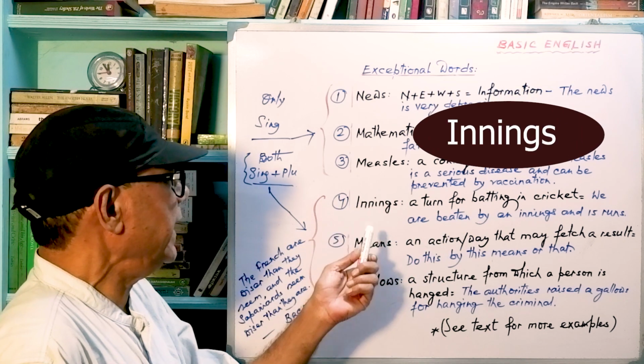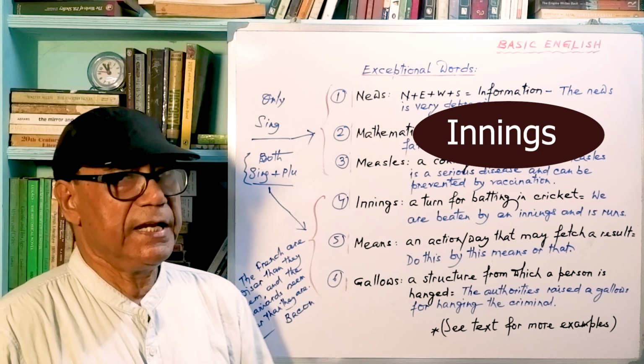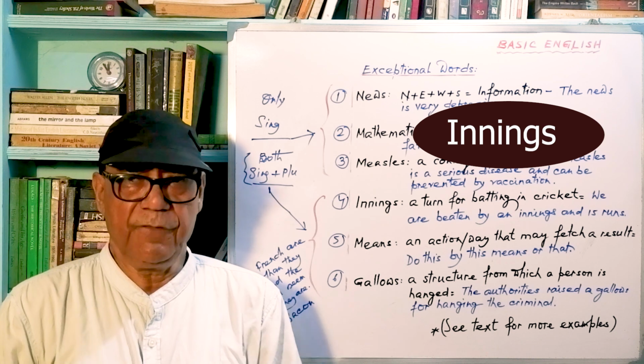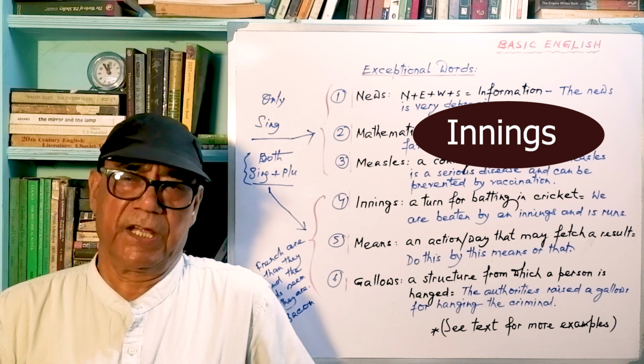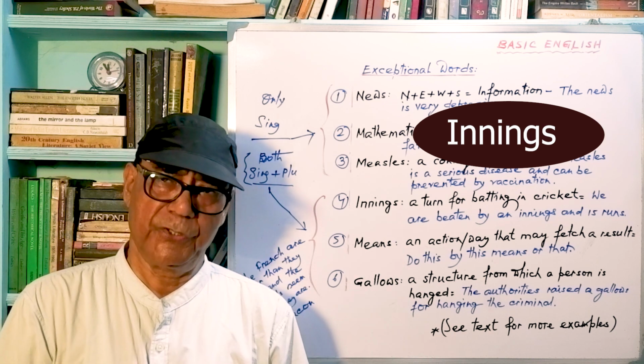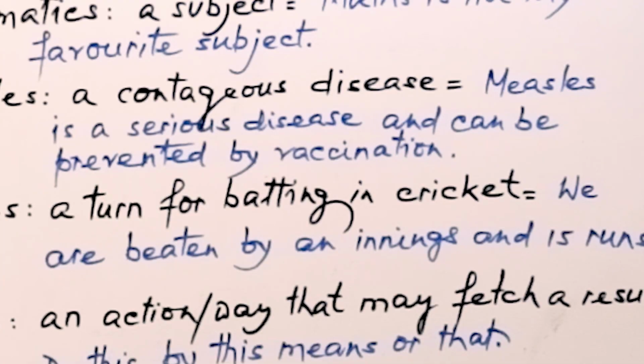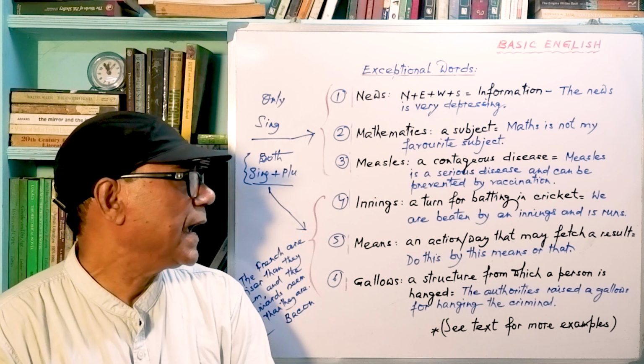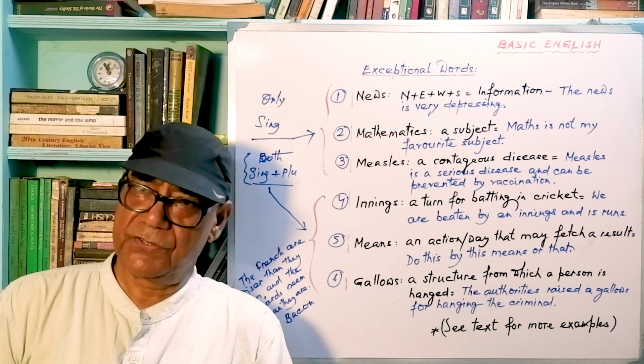Innings, I-N-N-I-N-G-S. Innings is a term for batting in cricket. If you have any idea of the game of cricket, you know there are provisions for 4 innings. For example, we are beaten by an innings and 15 runs.